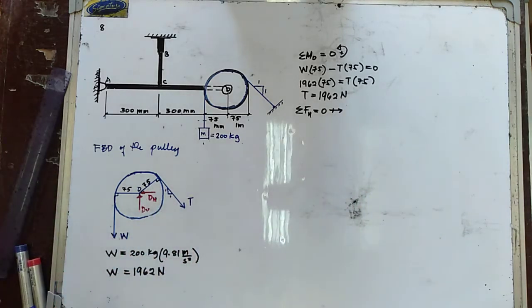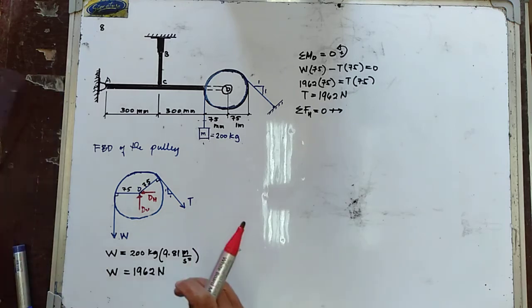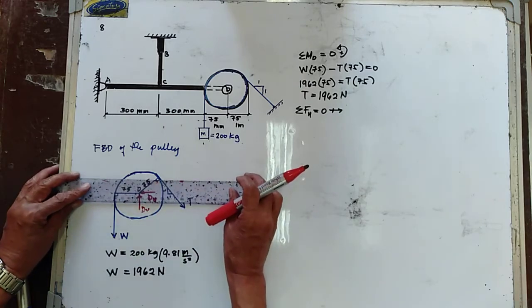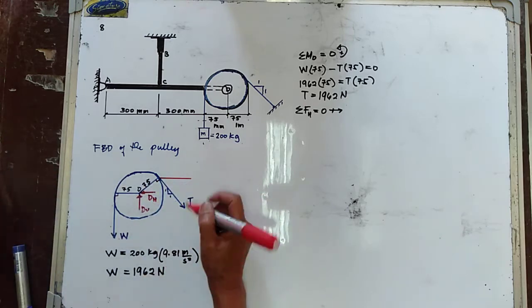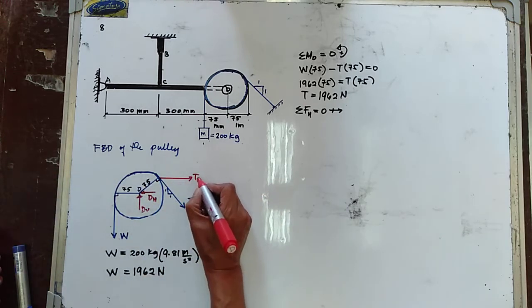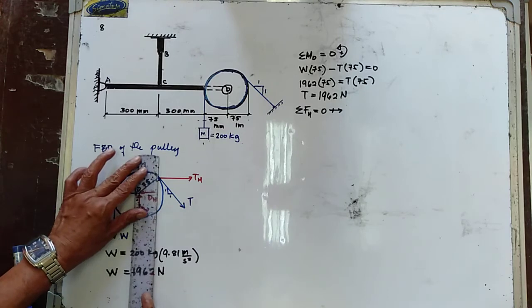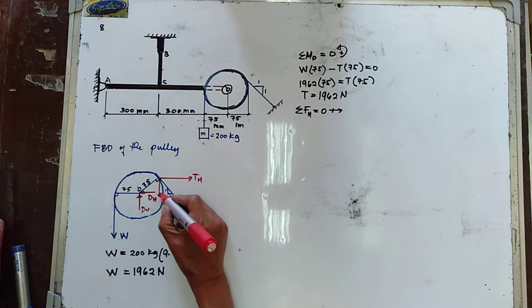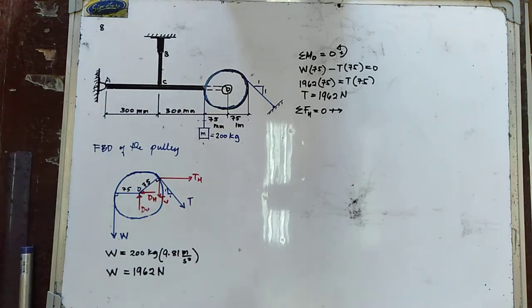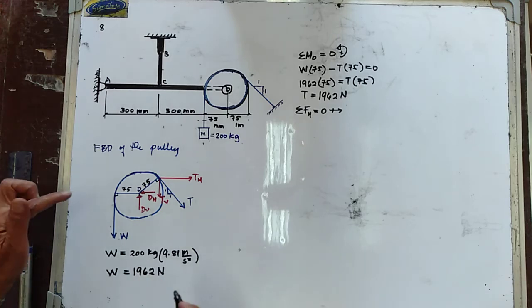Now, let us try to take summation of forces horizontal equal to 0, to the right forces positive.